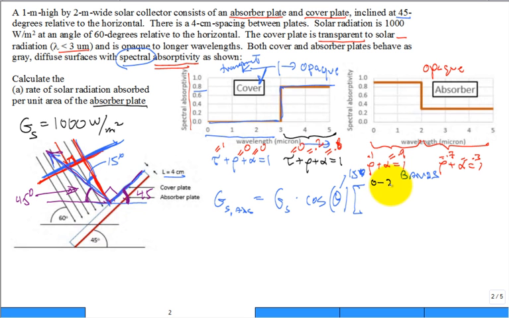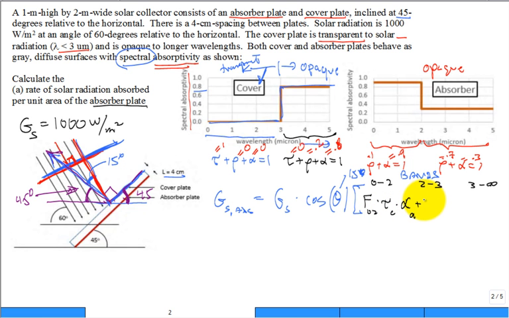2 microns. Another band would be 2 to 3 microns. And the other band would be 3 out to infinity. So what we want to do is find the fraction of the solar radiation that's coming at it in the 0 to 2, multiply that by how much is transmitted through the cover, times the fraction that's absorbed in the absorber.